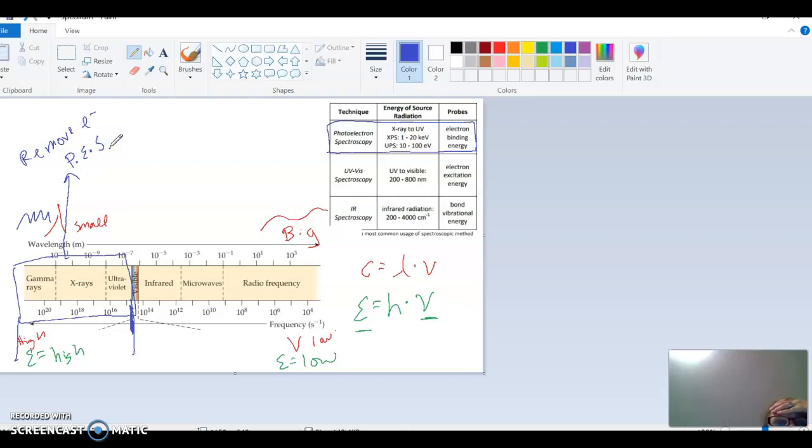PES is the idea that if you have an electron sitting around the atom and you kick it out, then you can see where it was located. Or if, let's say you want to kick out this electron, it'll give you those peaks. And that's how we can tell if it's 1s2, 2s2, 2p6, or whatever it might be for its electron configuration. So PES tells us electron configuration.